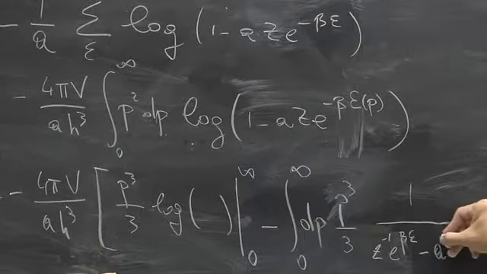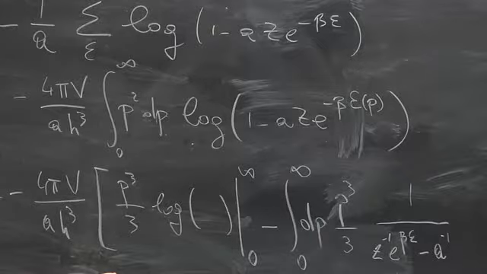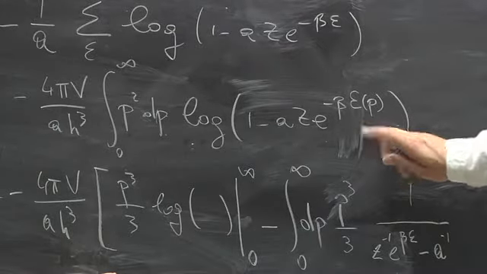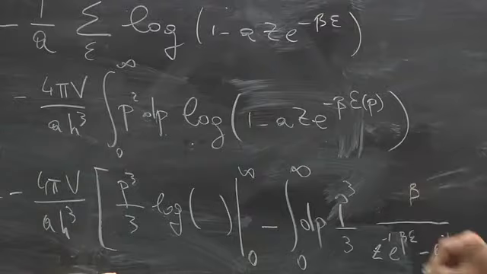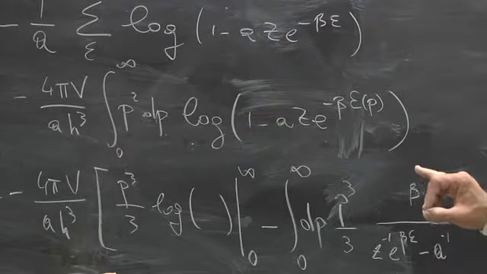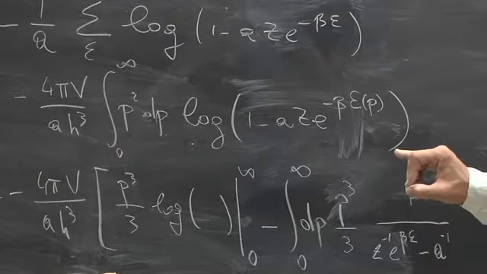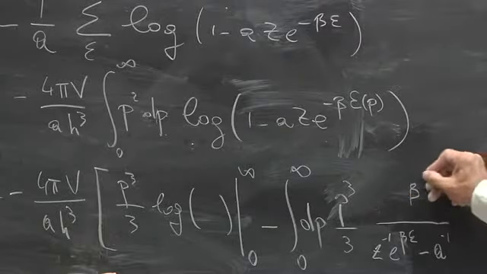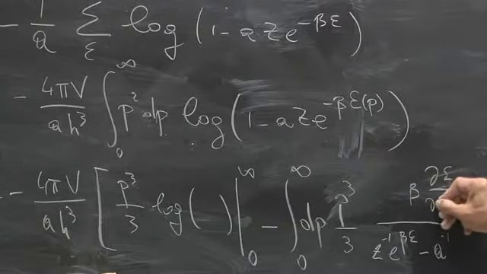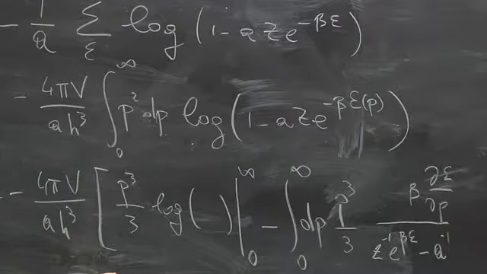Actually it should be a to the minus 1. Okay, and then there is a derivative, there is a beta times the derivative of the energy with respect to the momentum.